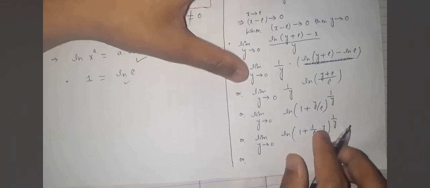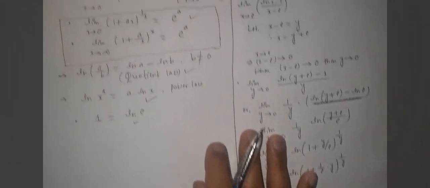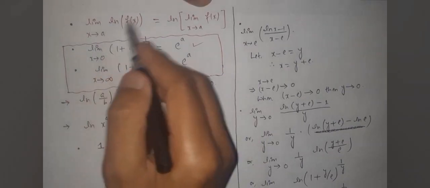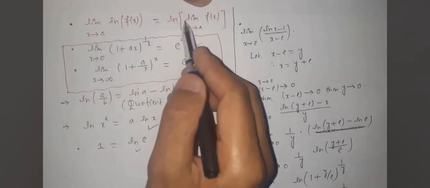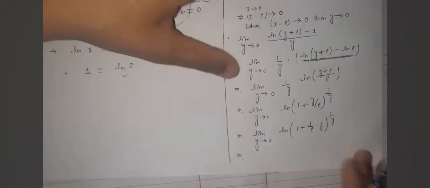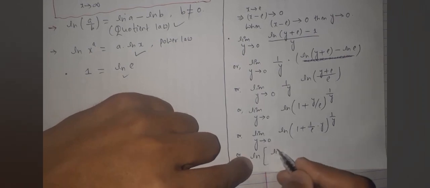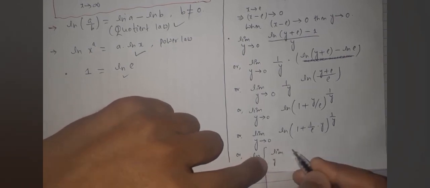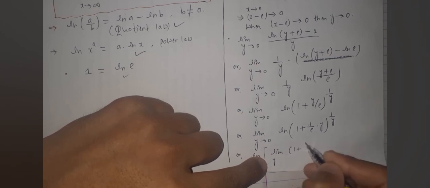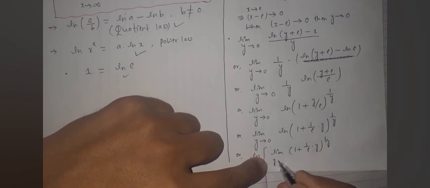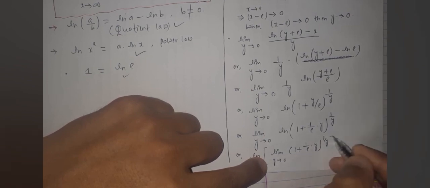Here let's use the first property we discussed. The limit of the logarithm function can be taken inside the function. So using that property, this can be written as ln of the limit of the function 1 plus 1 over e times y, to the power 1 over y, when y approaches 0.